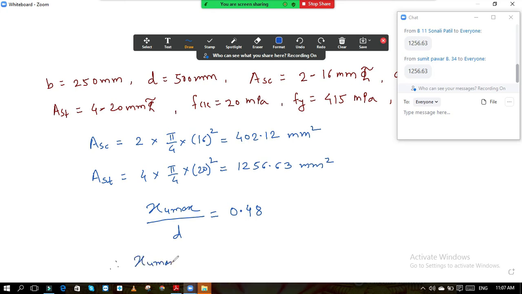Therefore XU max is equal to 0.48 into effective depth, which is 500. They have mentioned in the problem that 500 is the depth up to the center of tensile reinforcement. So from this you will get the value of XU max, 240 mm.